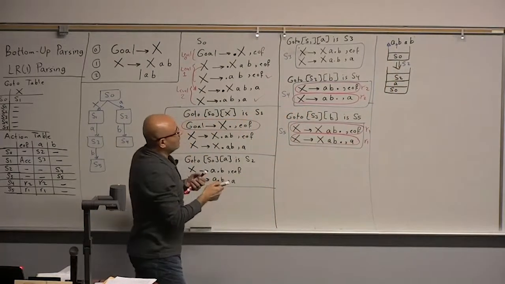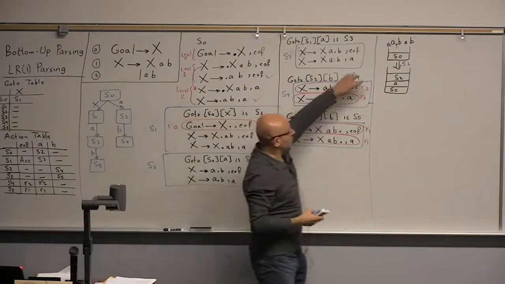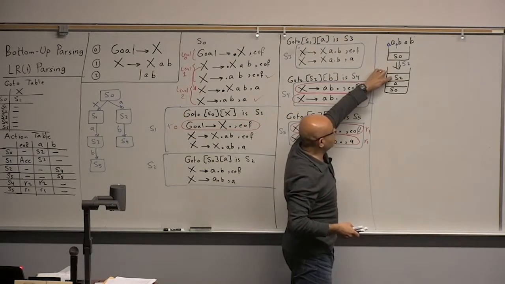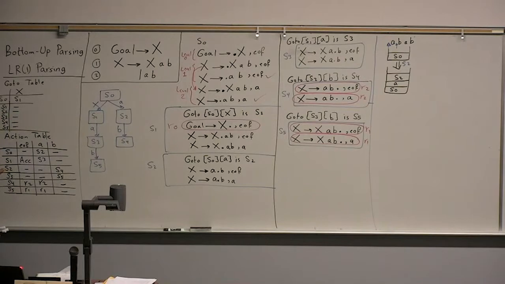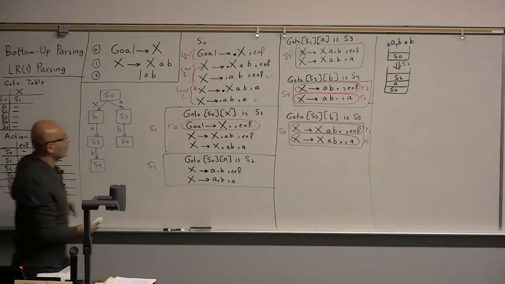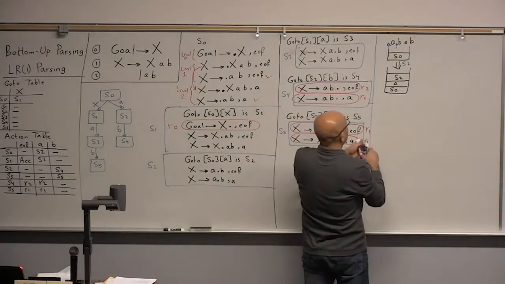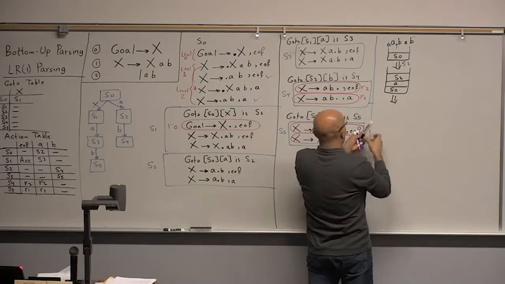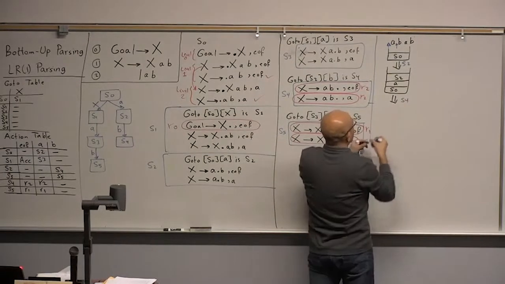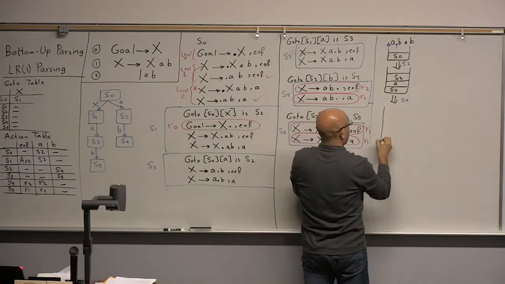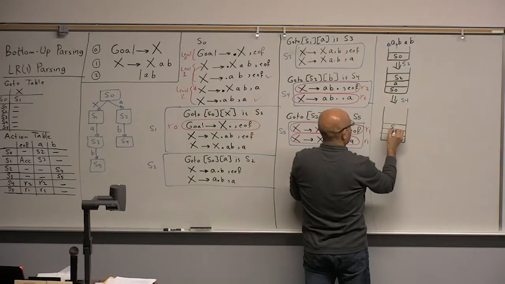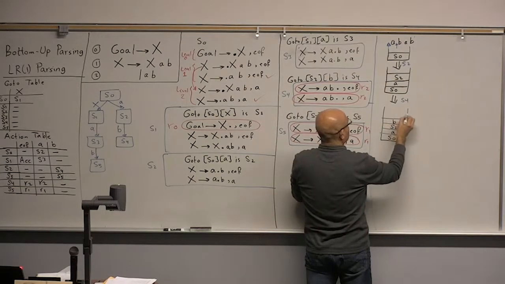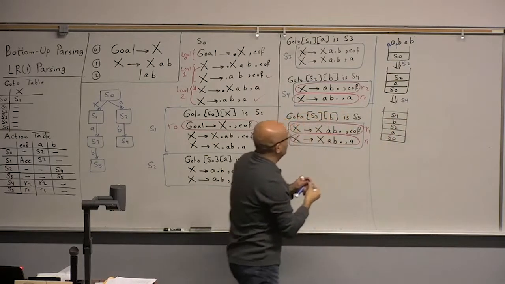Then we look up the table for S2 and B. We are in S2 and we are seeing a B. What should we do? The table says go to S4. Going to S4 means shift one more: S0, A, S2, B, S4, and we have shifted.